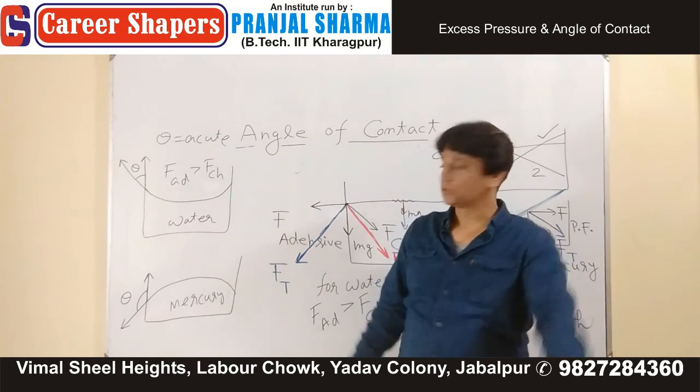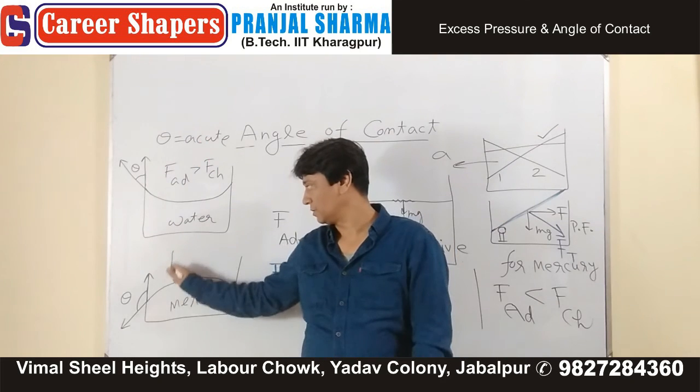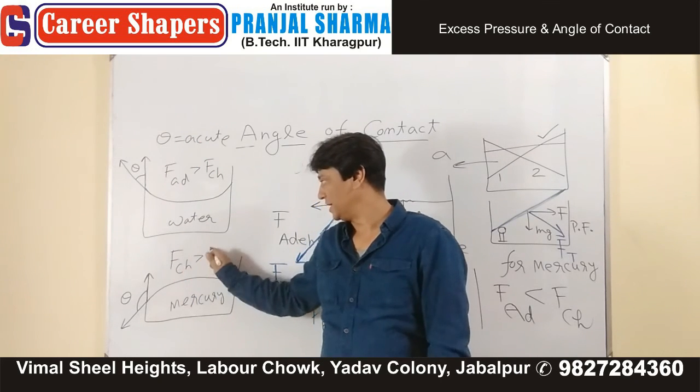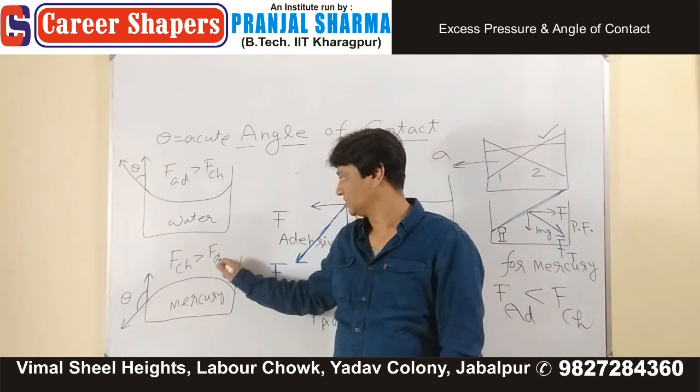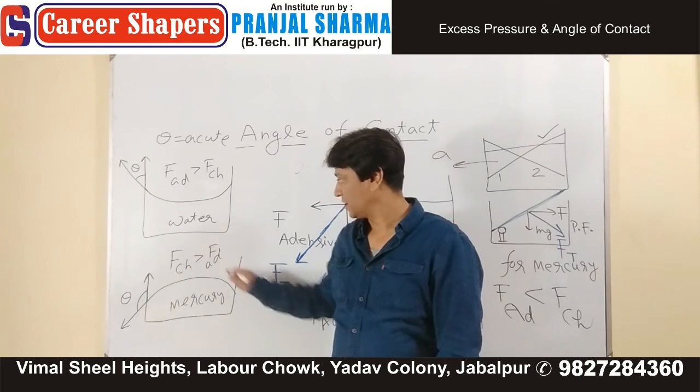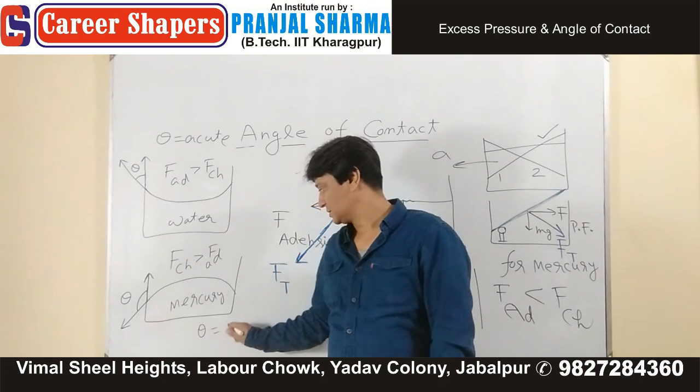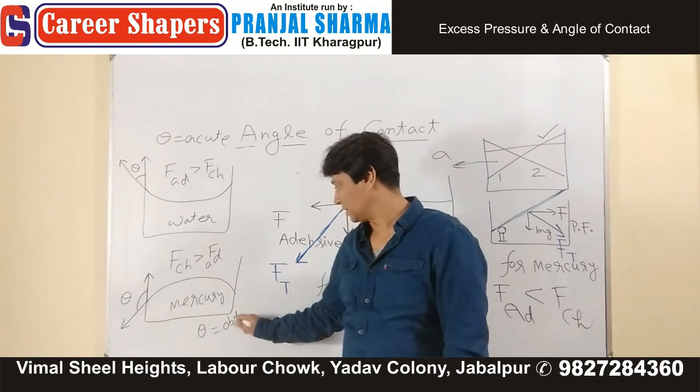And if it is about mercury, where F cohesive is the dominating thing, F cohesive is greater than F adhesive, then your theta is an obtuse angle.